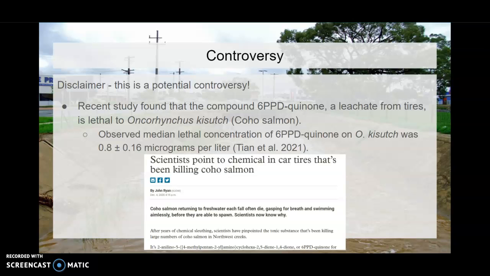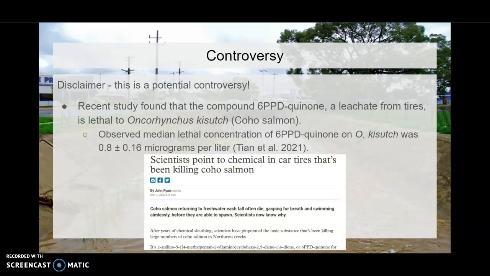But this would have pretty major implications on tire manufacturers, and I would imagine would lead to some lawsuits or issues between these manufacturers and probably the automotive industry in general, and environmental groups and importantly tribes as well.